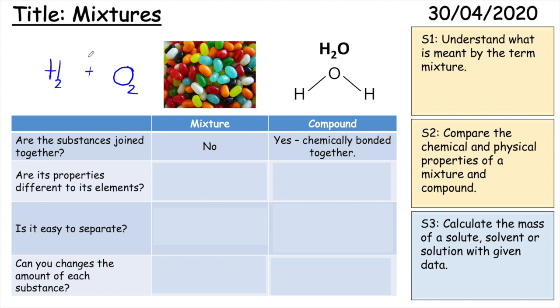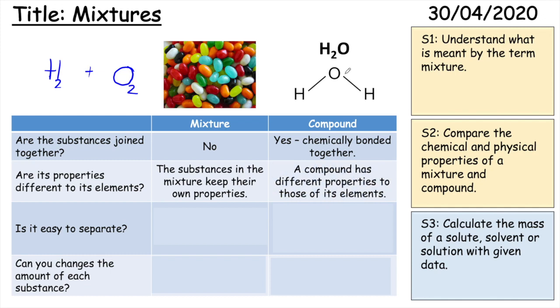But when we bond them together, like we have here to make a compound, well, water's a liquid, so its properties have changed. They're not gases anymore. Once they're bonded, their properties change. So in a mixture, they maintain their own properties. Oxygen's a gas, and hydrogen's a gas. But when you bond them together in a compound, their properties change.